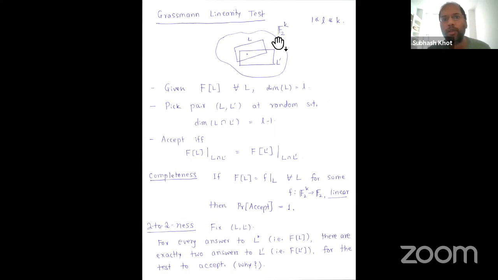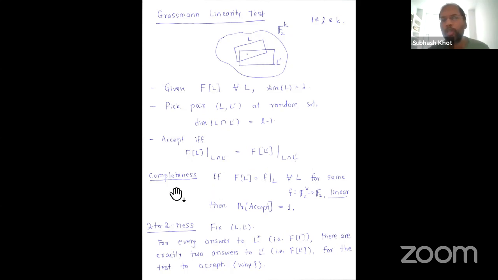Just to emphasize, we always think of the dimension of the whole space, K, as being much larger than the parameter little l, which itself is also a very large constant. Then we read what the table assigns to L, and what it assigns to L prime, and we check that these assignments are consistent on the intersection L intersect L prime. So that's the test.